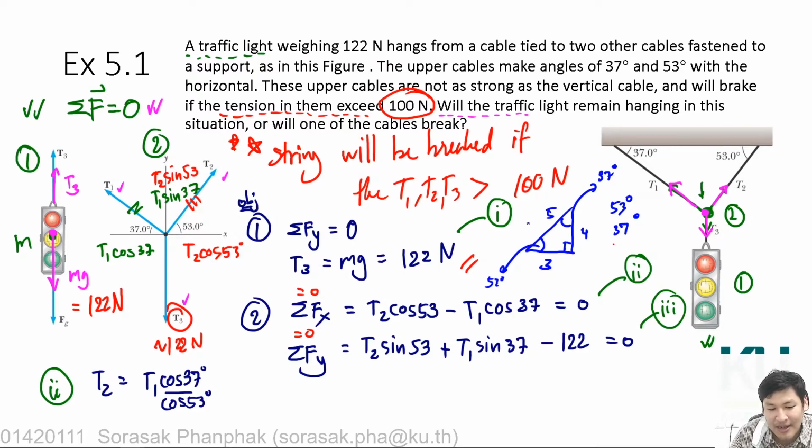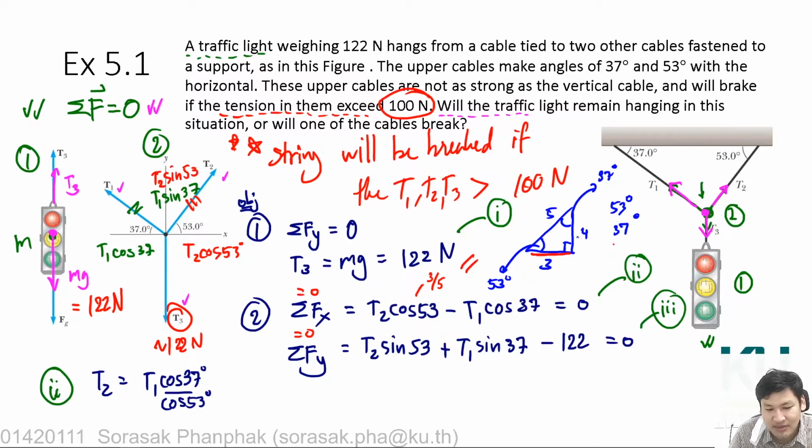If you would like to find cos 53, the cos is the side closest to the hypotenuse, so your cos is 3/5. This is cos 53. If you would like to find cos 37, this is your 37.